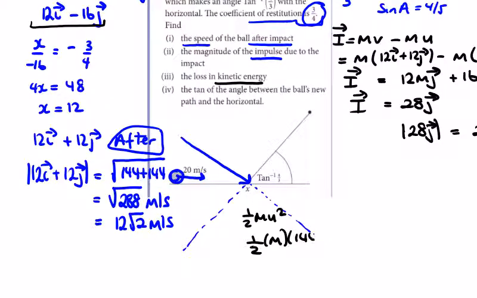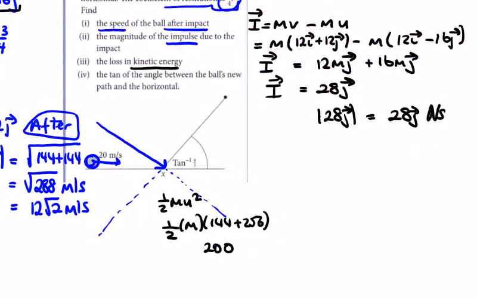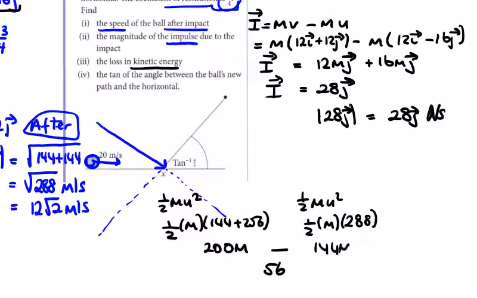So 144 plus 256, that's 400. Half of 400 is 200. Afterwards, half mv squared is going to be a half times m times 288, which we already worked out. That's going to be 144. 200 minus 144 is going to be 56. And if I put my m's back in, it's 56m joules.